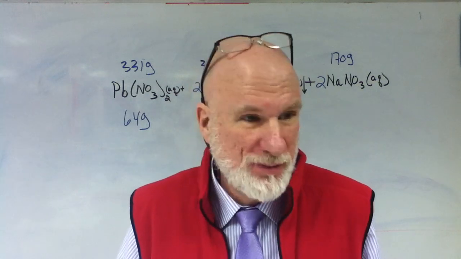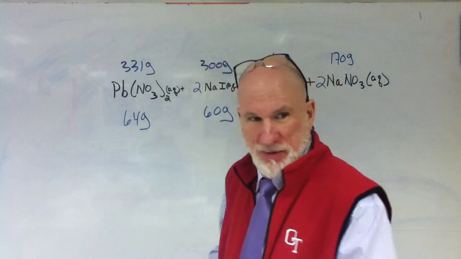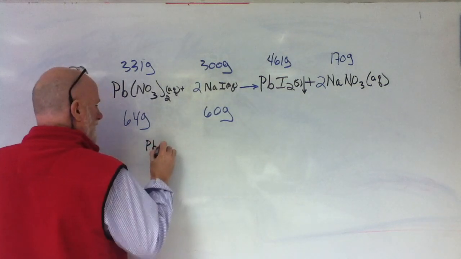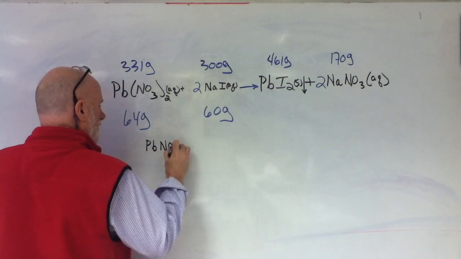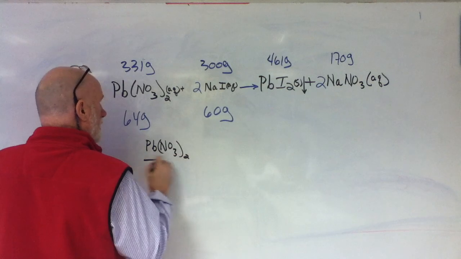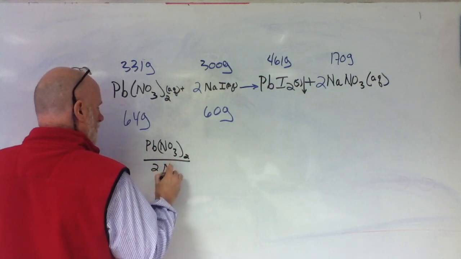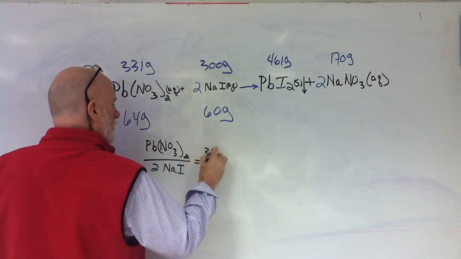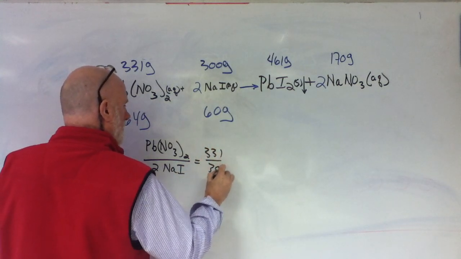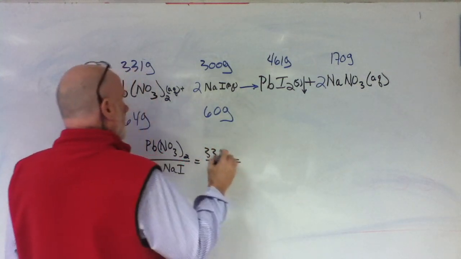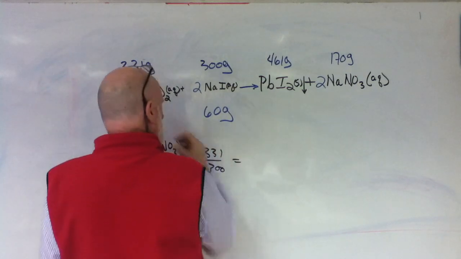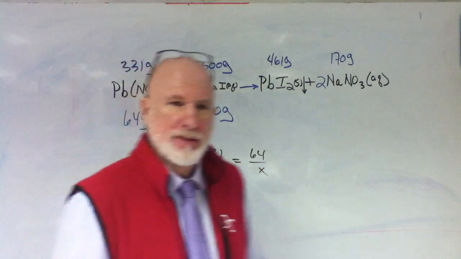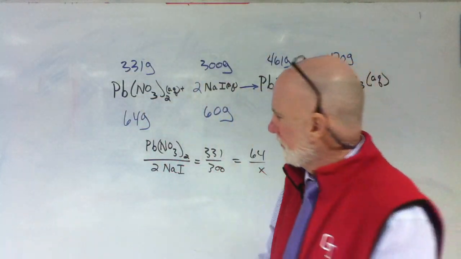Do two problems, right? You ready? Okay, so you have lead nitrate over 2 sodium iodide equals 331 over 300 equals 64 over x. What's x?